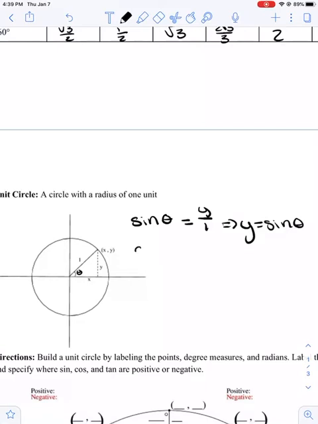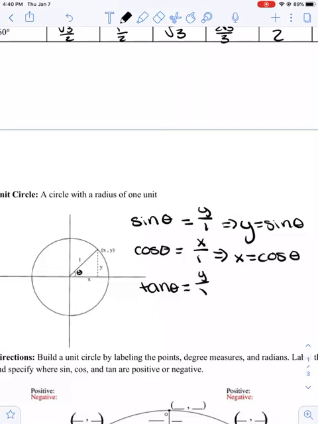All right, now let's look at cosine. Cosine theta would equal x over 1. Multiply both sides by 1 so I can solve for x. X equals cosine theta. All right, what about tangent? So tangent would equal y over x because it's opposite over adjacent.